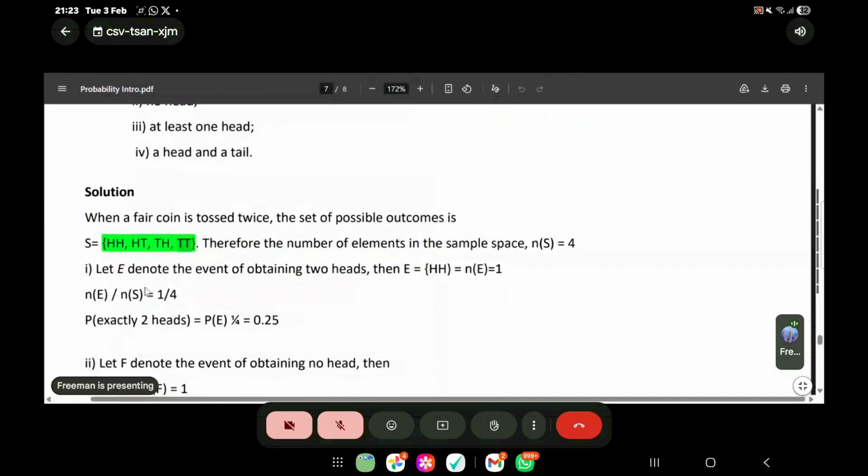So a head and a tail. We have here head and tail. We also have here head and tail. So a head and tail, we have 2 out of 4. So the probability is half, 0.5, or 50%.